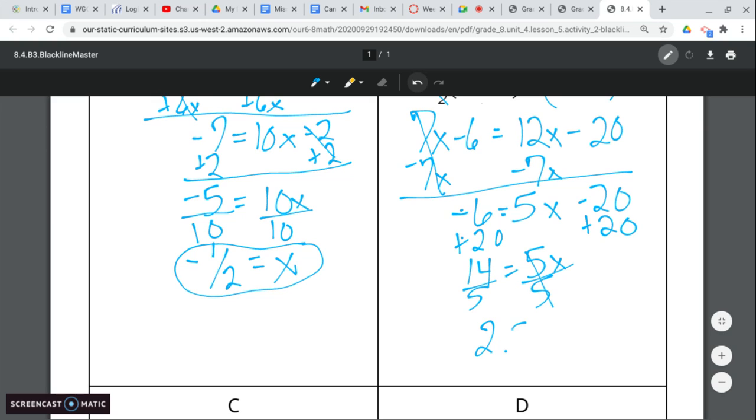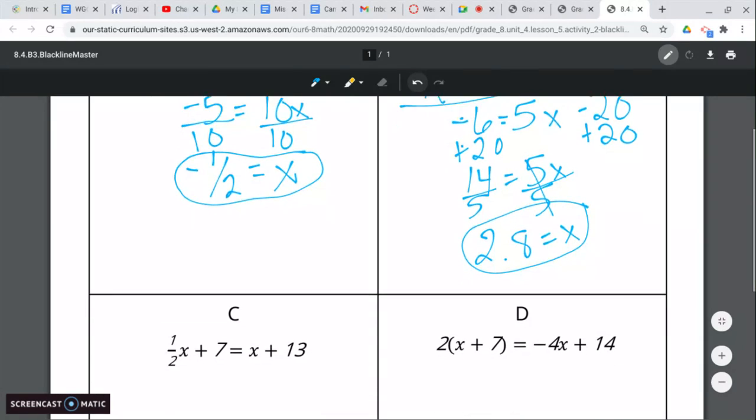So we end up with 2.8 equals x. And having decimals for solutions is a very possible and probable thing that you will come across. So don't think just because you've got a decimal that means you have the wrong answer. In some cases, obviously it could, but in other cases, just like this one, we have the correct answer, but we have a decimal. So that's completely possible, okay?